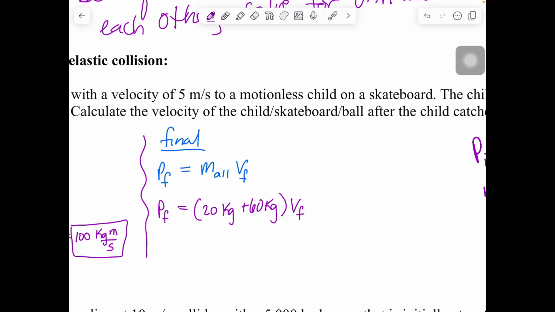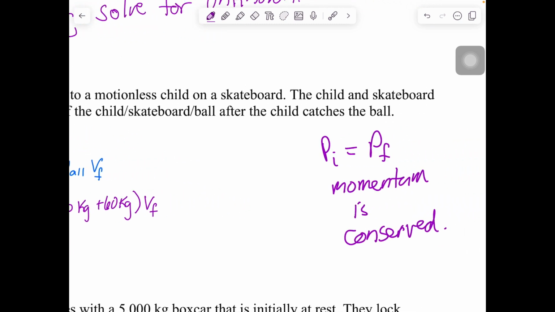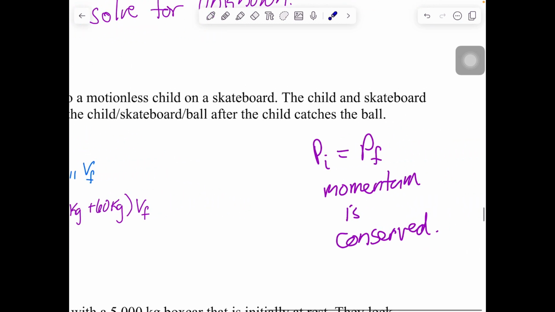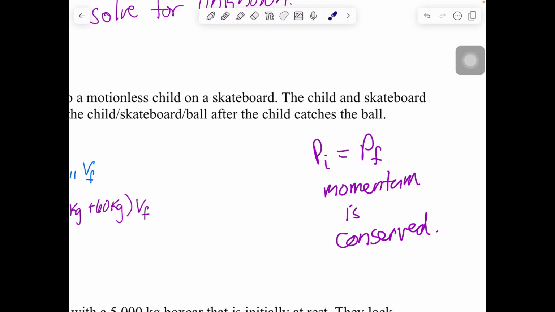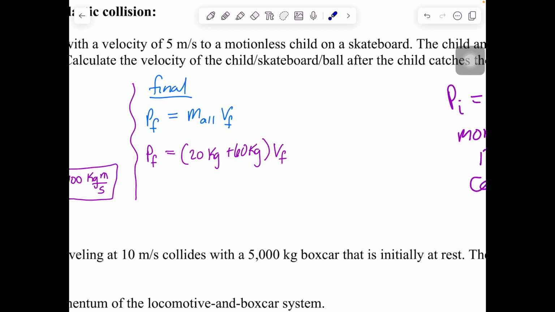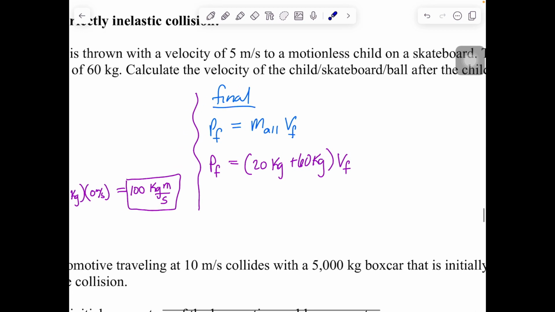So I know from conservation of momentum that P initial equals P final. Momentum is conserved. So I'm going to use this 100 kilogram meters per second as my final momentum because it is conserved.